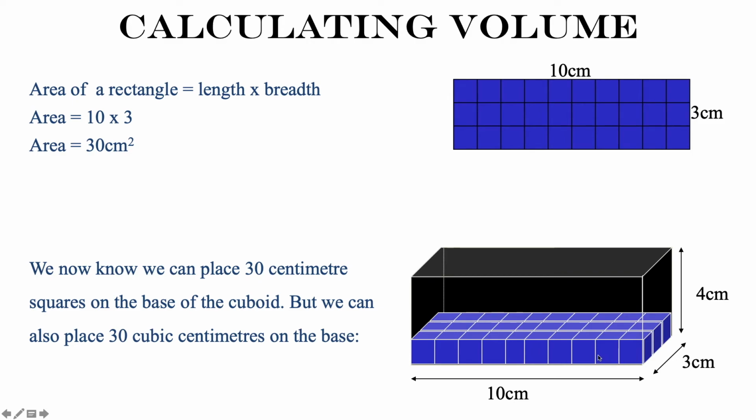So then let's go into volume. How many cubes can you fit into this cuboid? You have the first layer that you calculated. All you do is keep adding cubes until you get to the top. Alternatively, this 30 that you got, you multiply by height to follow the formula.